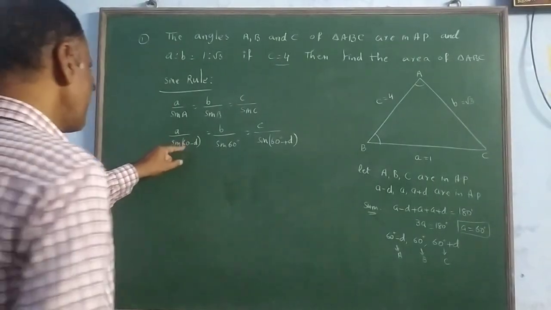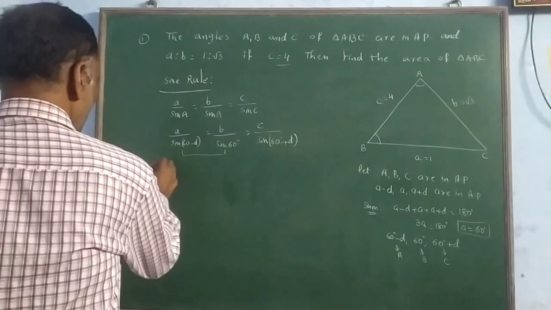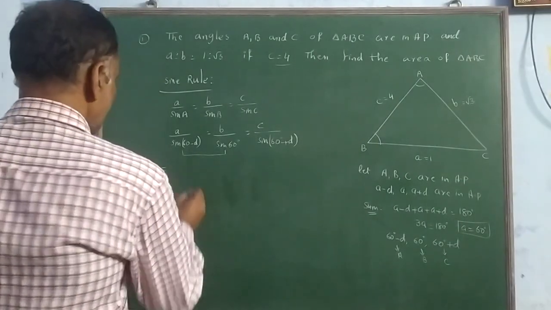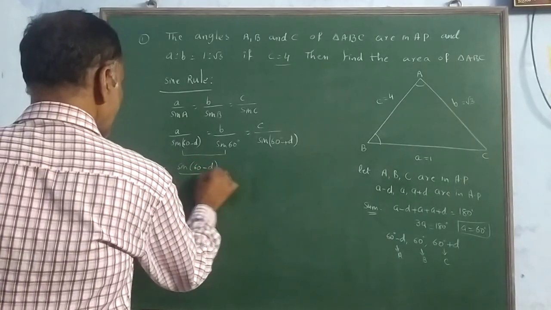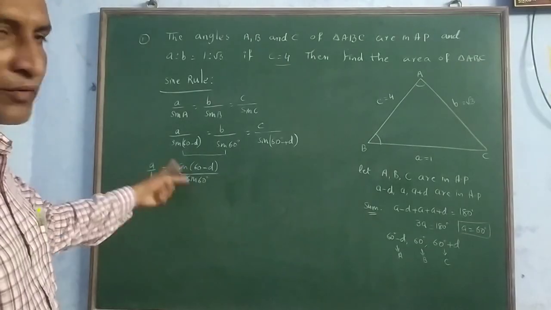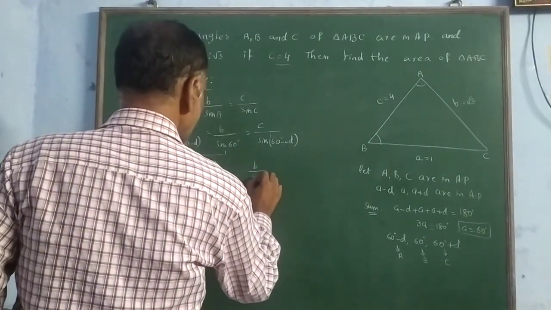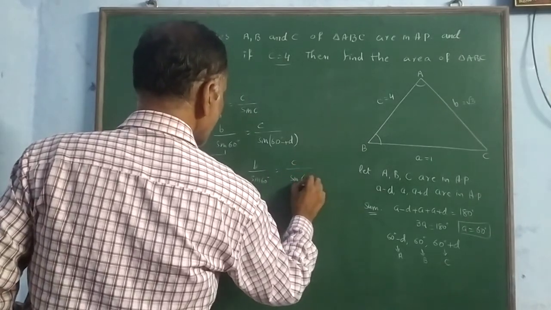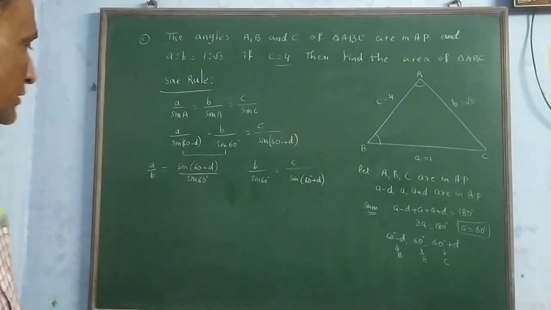Now, first these two we can take together: a by b equal to sin of 60 minus D by sin 60. You write it like this, no? Next two terms: b by sin 60 equal to c by sin of 60 plus D. Right?